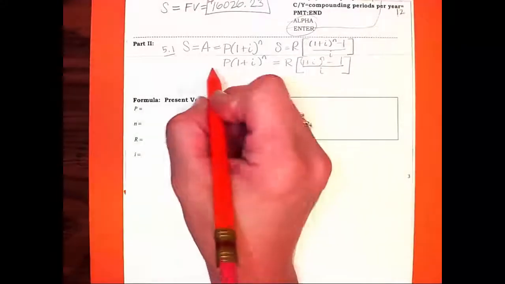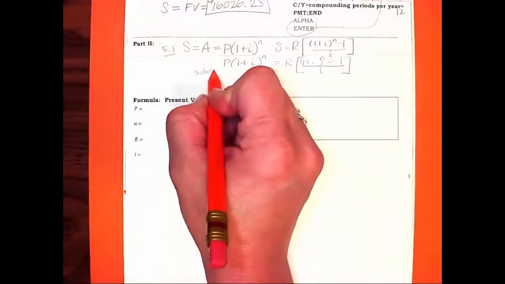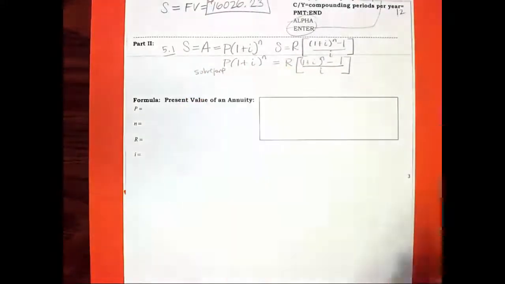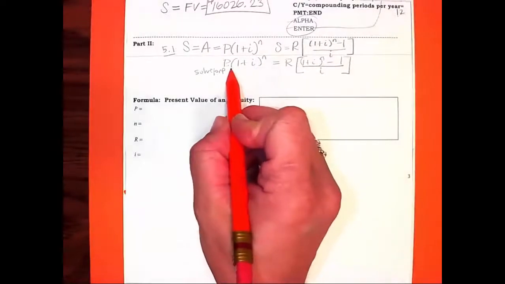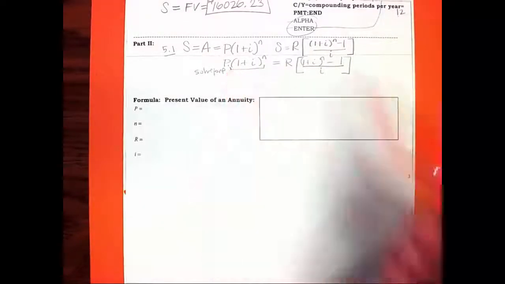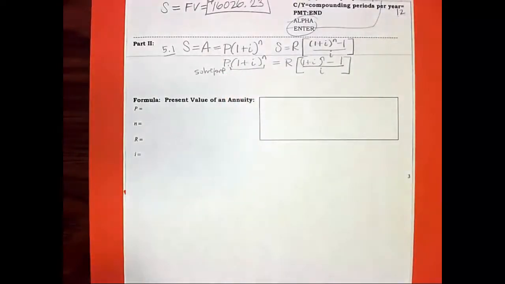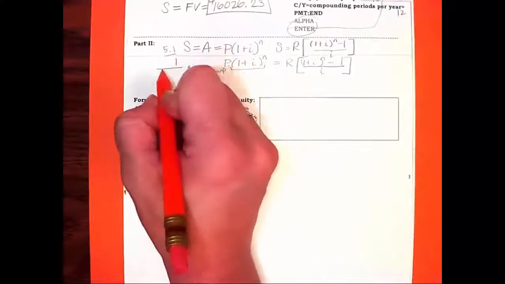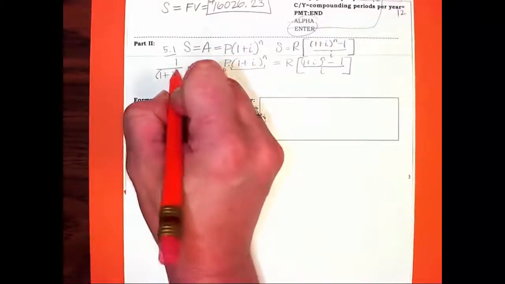And let's solve for P. Well, if I solve for P, that means I need to get rid of this factor right here of 1 plus i to the n. So I could divide both sides, since it's multiplied, by 1 plus i to the n, which means I'm essentially multiplying by the reciprocal. So let's multiply both sides by 1 over 1 plus i to the n.